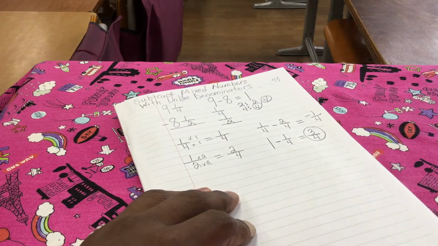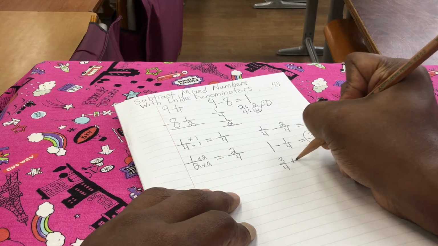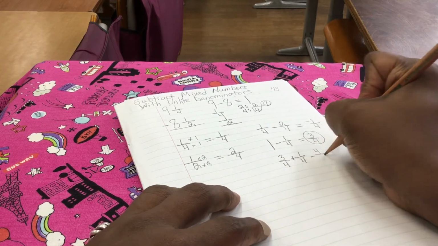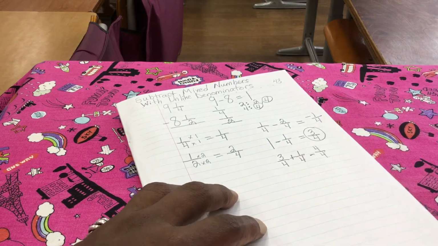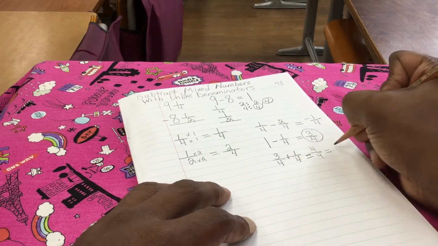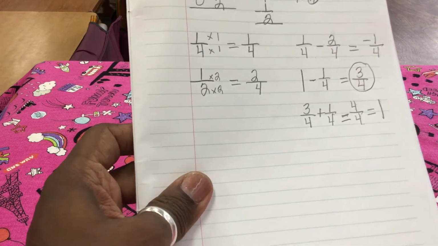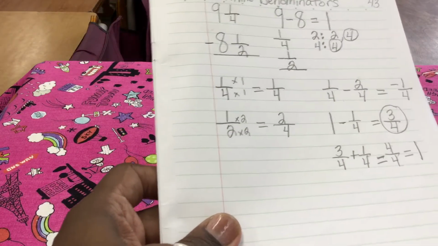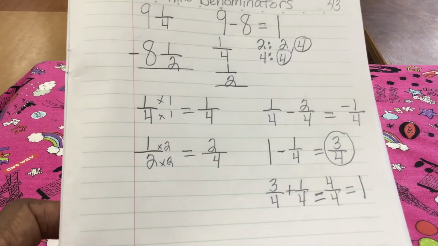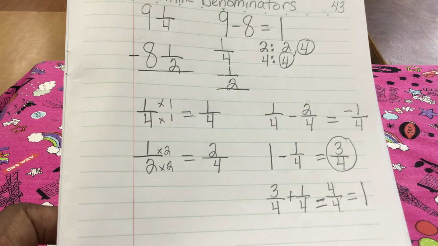Okay, if you want to check that, 3/4 plus 1/4 equals 4/4. And you know when we have the number over itself, that's just going to give us 1. Okay? So that is our answer. Vanessa slept 3/4 longer than Tyler. All right? Have a good look at that before I go on to the next examples.